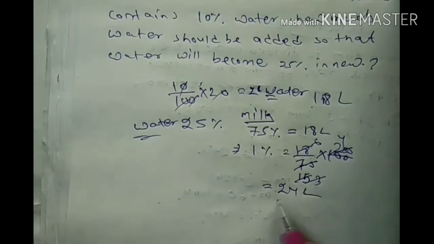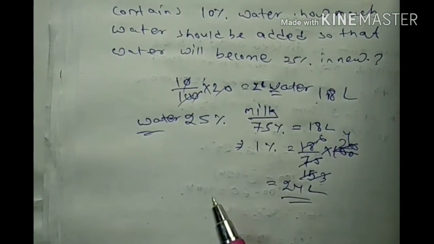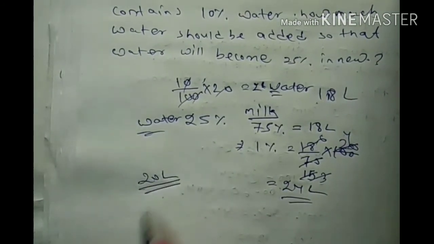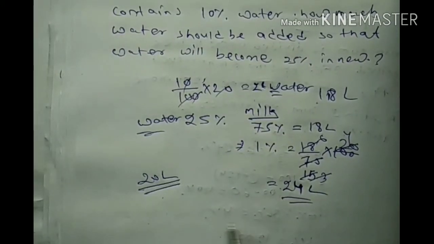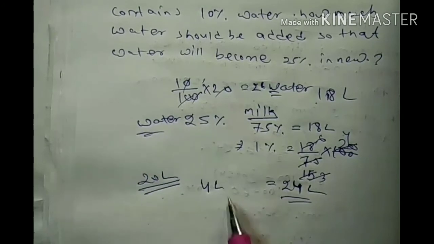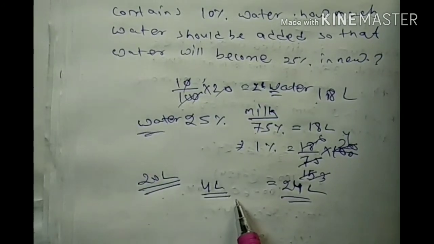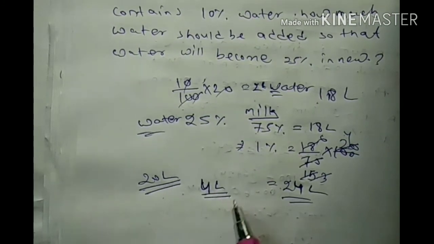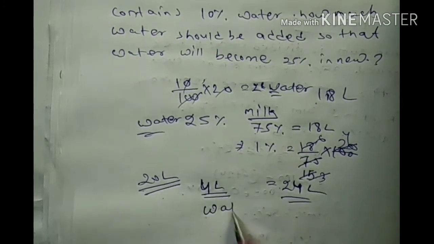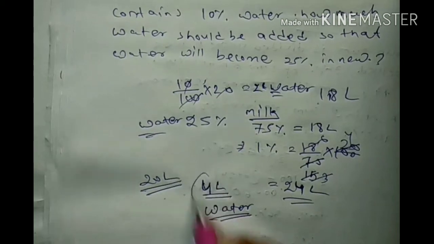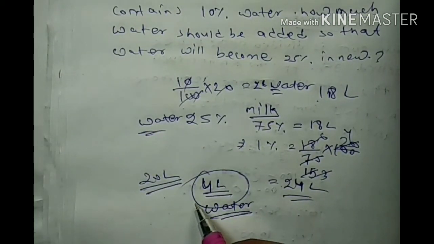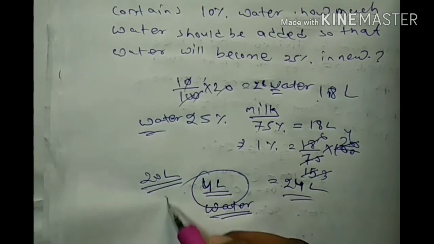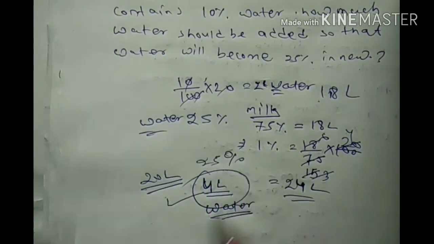So 24 liters. In the question it is given a 20 liter solution, but here we found a 24 liter solution. So 4 liters is added to the given solution. So 4 liters of water should be added. So our answer is 4 liters. When 4 liters of water is added to the solution, the water becomes 25%.